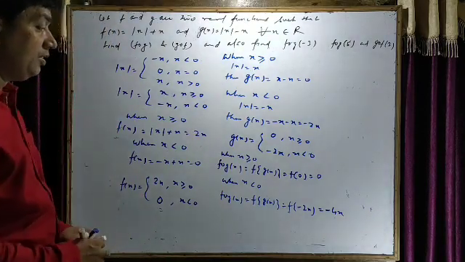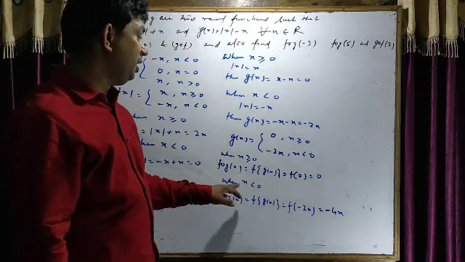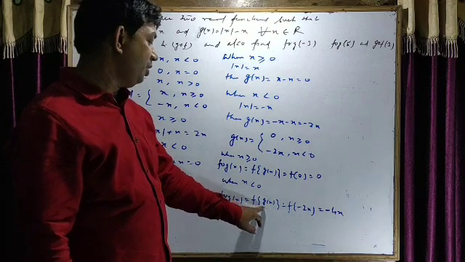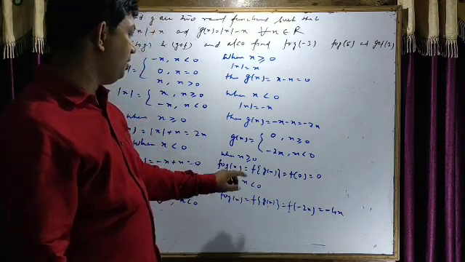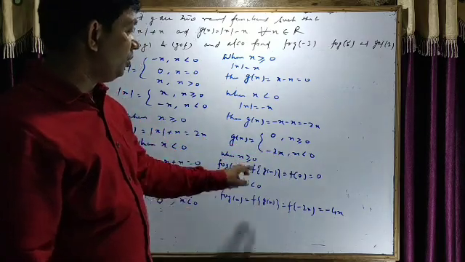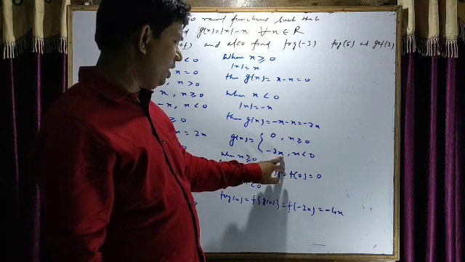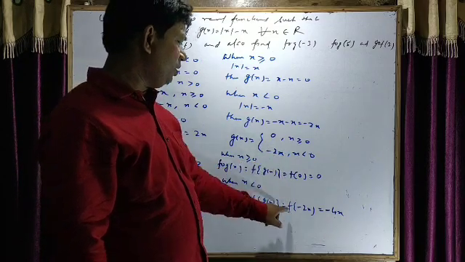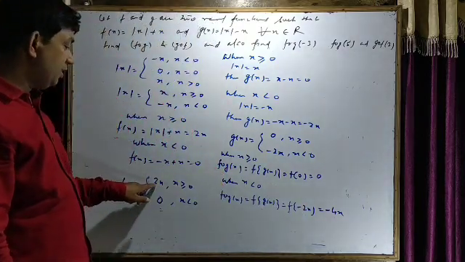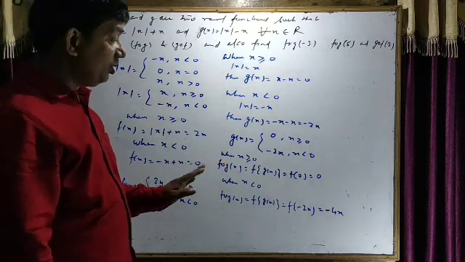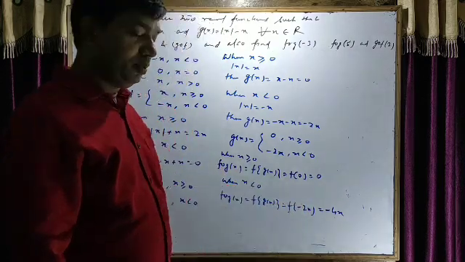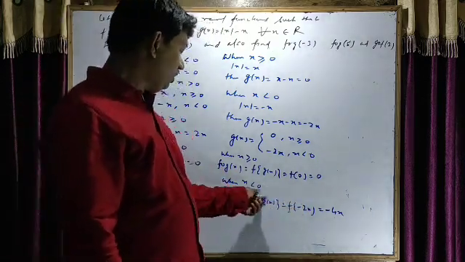If there is any confusion, just see, take any negative value, suppose minus 3. g of minus 3 is minus 2 into minus 3, that is plus 6. Then f of 6 lies in the first case, so the answer becomes 12. So you should not think it is negative, because I took a negative value, the entire thing is positive.